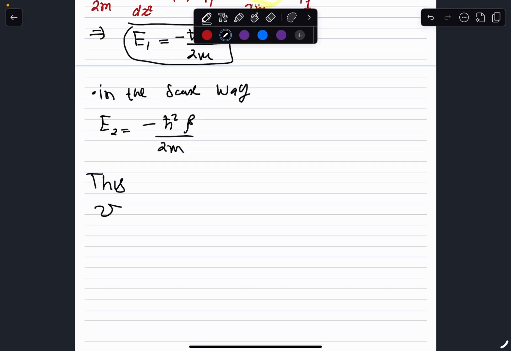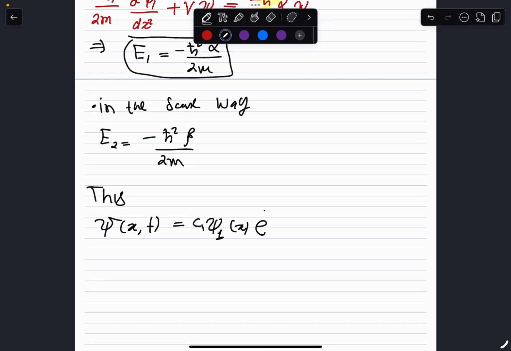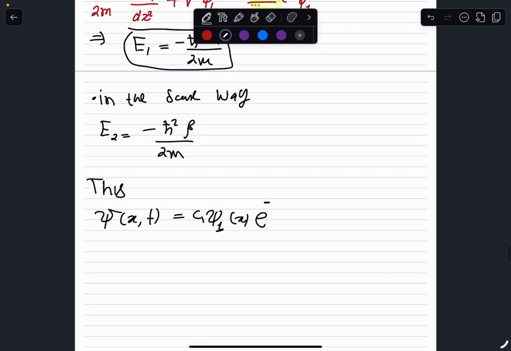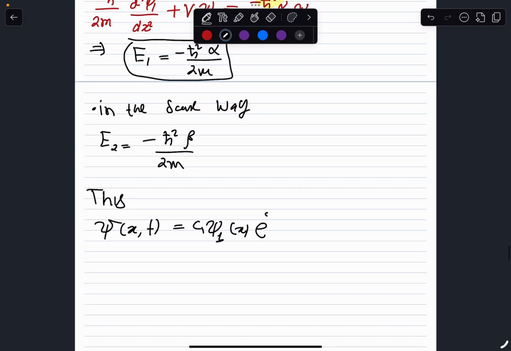Thus, the capital psi of x and t is equal to c1 psi 1 as a function of x, which is the small psi, times e to the minus, so in terms of alpha, we'll have minus with minus will go, so we'll have i h bar, and that h bar will cancel with the h bar squared, alpha over 2m, t, plus c2 psi 2 of x.